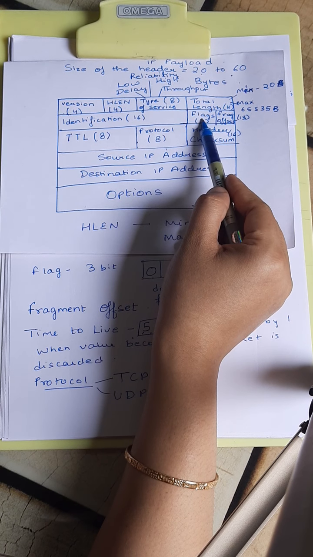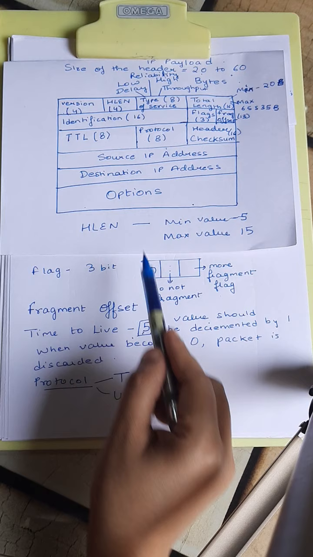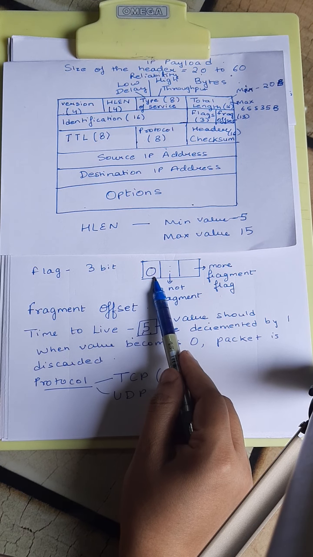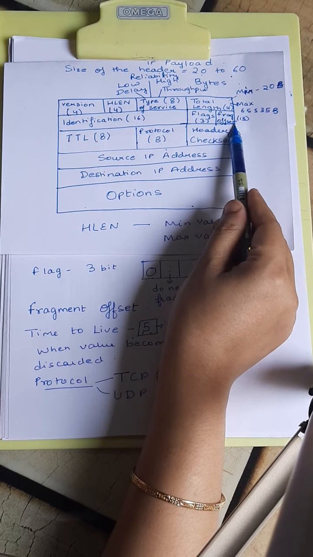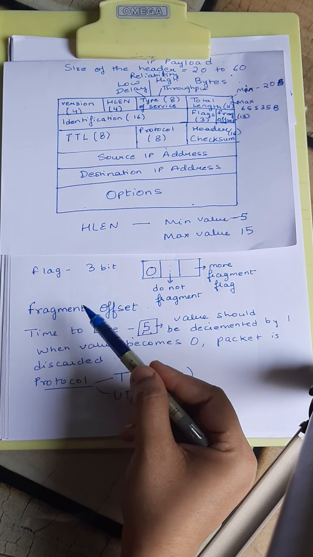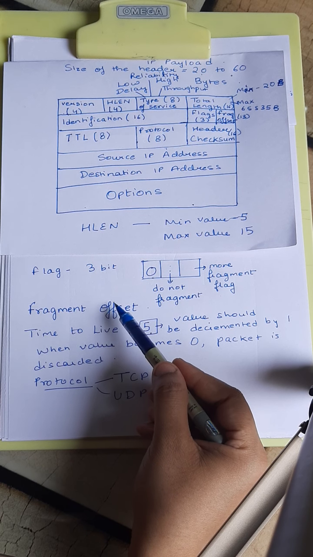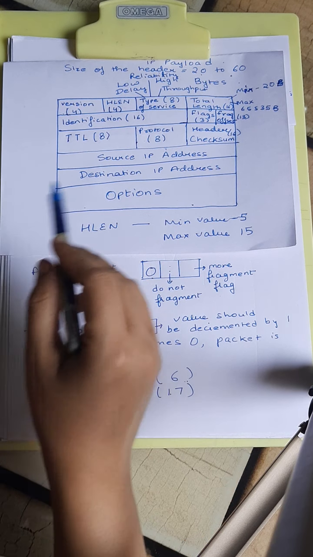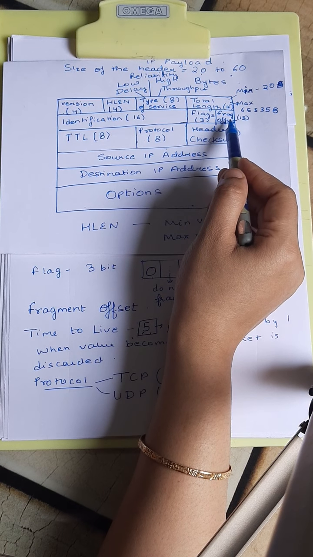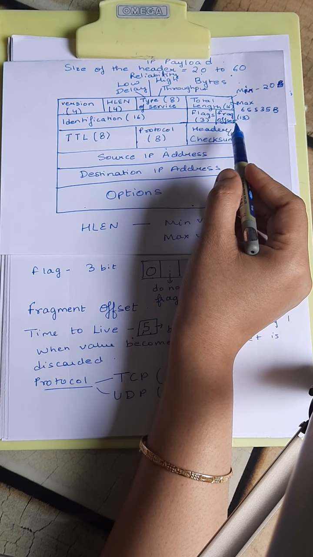Now next is flag. It is a 3-bit flag which tells us whether fragmentation is there or not. The first bit is always reserved with 0. Next is fragment offset. It tells the exact position of the fragment in the IP packet, which part is which packet number. This is specified by fragment offset.